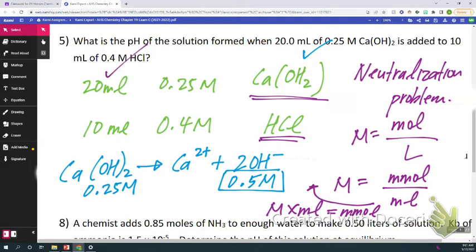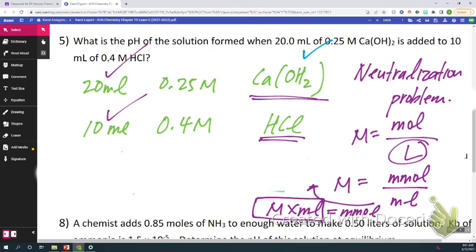All that means is you have to change these milliliters to liters. But do you see this? Molarity times milliliter is equal to your millimole. I'm going to straight up change this to 0.5 molarity so I make sure. So this times this and this times this are going to be your millimoles of OH minus and H plus.